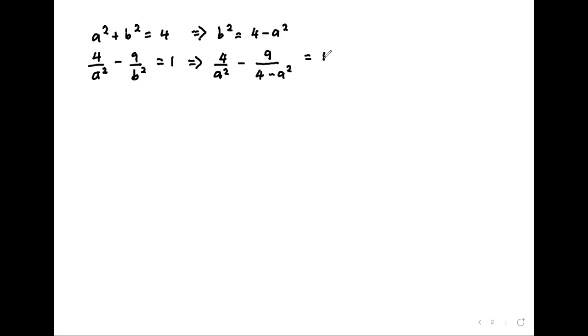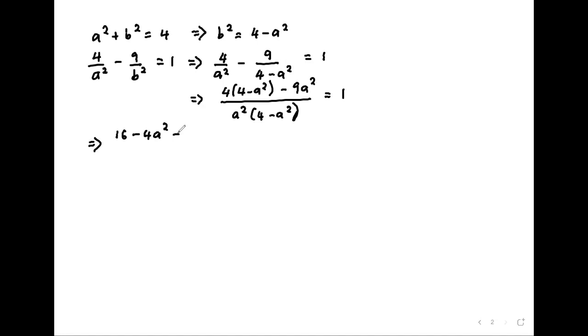When we multiply throughout by 4 minus a squared, we get 4 multiplied by 4 minus a squared minus 9a squared equal to a squared times 4 minus a squared. When we cross multiply, we have 16 minus 4a squared minus 9a squared equal to 4a squared minus a to the power 4.